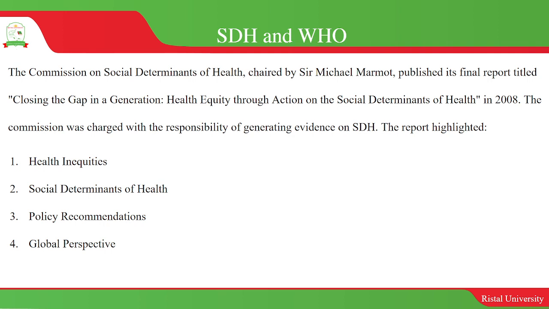Okay, now this commission emphasized important things. One, we need to make sure that we identify people who are having limited access to quality healthcare services. So an element of health inequity was highlighted.